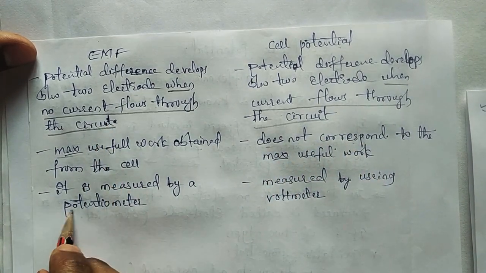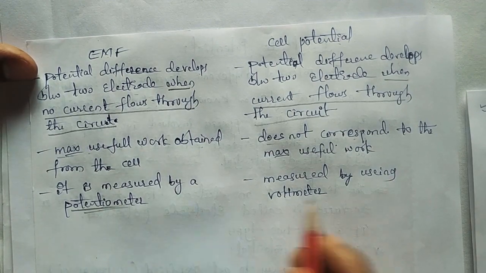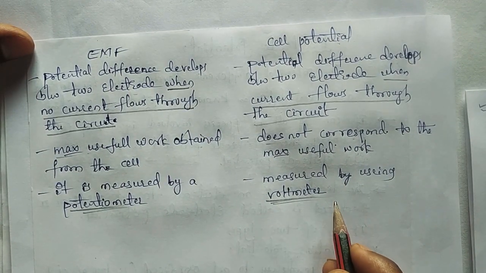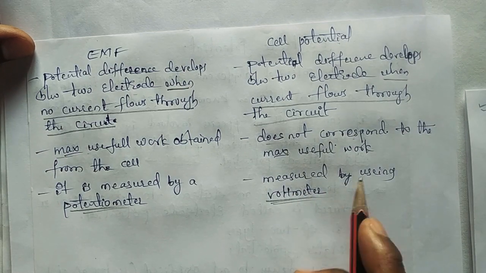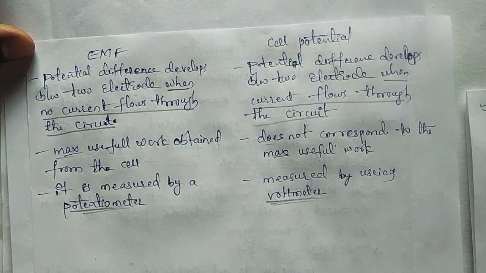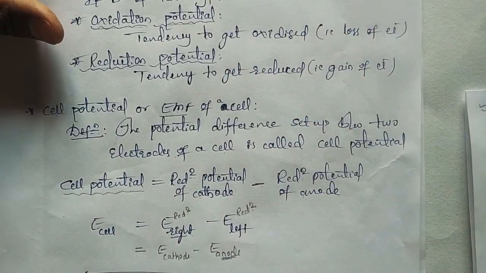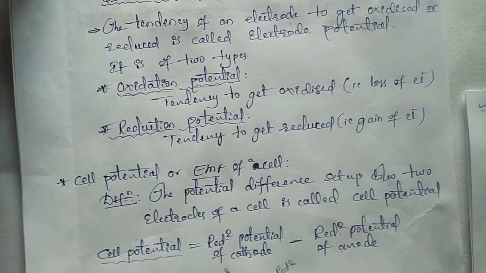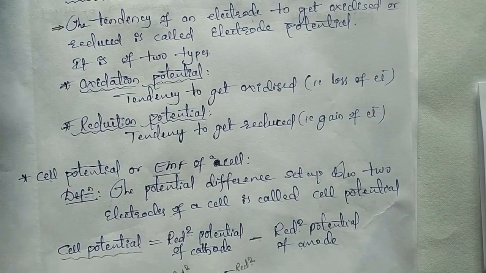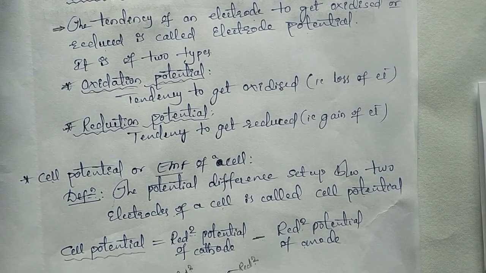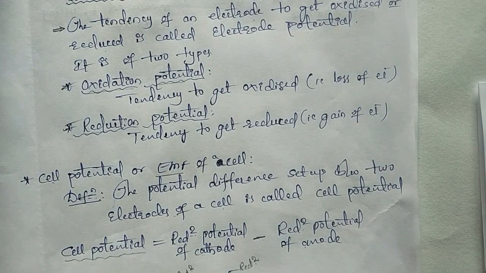And this EMF is measured by using a potentiometer, whereas cell potential is measured by using a voltmeter. These are the few points of difference. This is about electrode potential of a cell and about cell potential of a cell. In the next class, we will discuss the working of a DNL cell when an external opposite potential is applied.